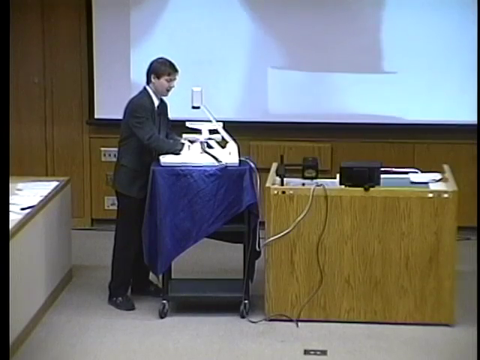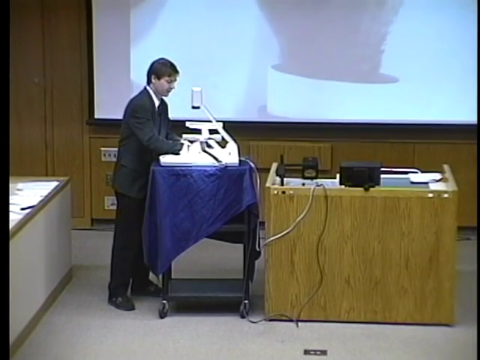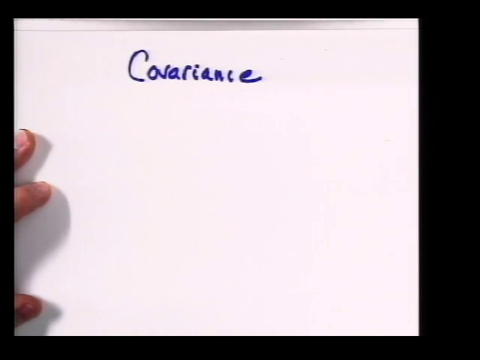Now, a couple more things that we need to do. Covariance is one. Let me write the definition of covariance. Covariance is what we actually use in our asset allocation; correlation is just an indirect measure. So what about covariance? Let's look at two assets, asset 1 and asset 2.